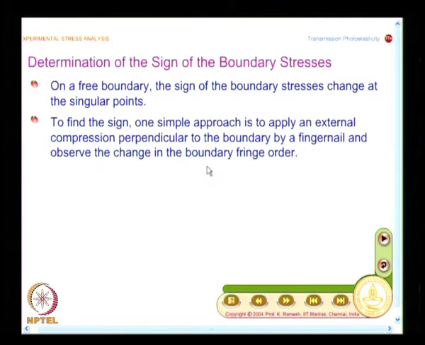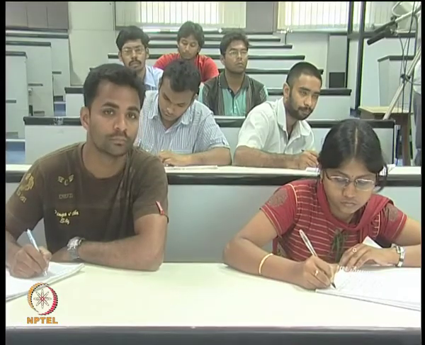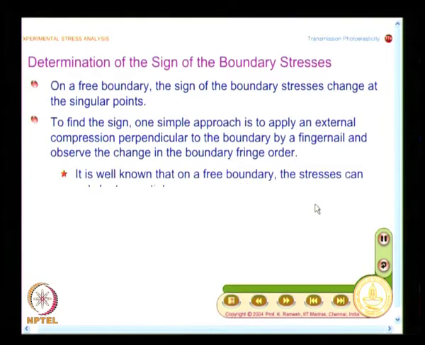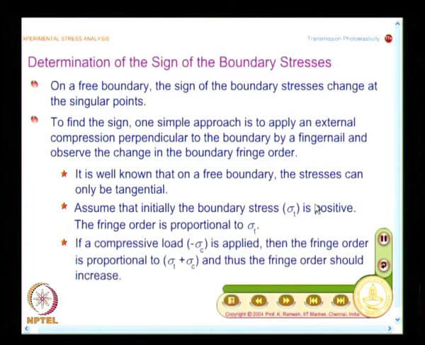Here again the boundary fringe order will change by a very small amount, and it is advantageous that you view the model in white light and see the color sequence when the model is compressed by a fingernail. You have to look at the model very carefully, and depending on the change in the fringe order, identify whether it is positive or negative.